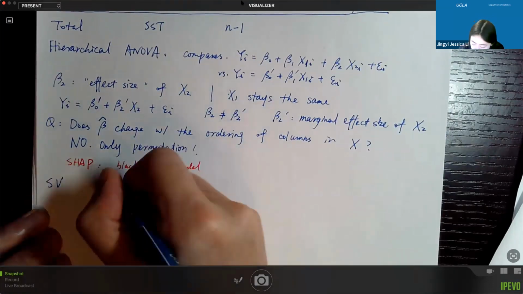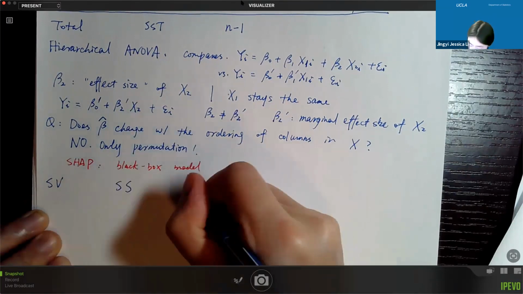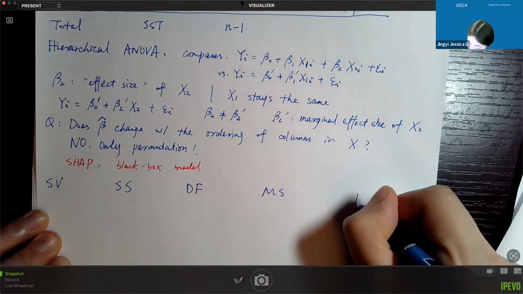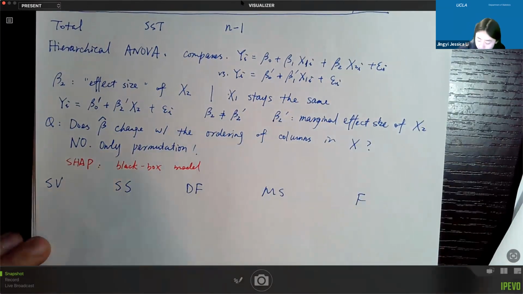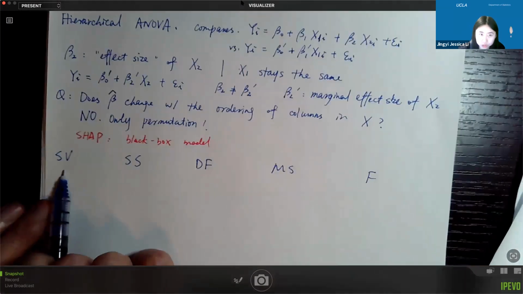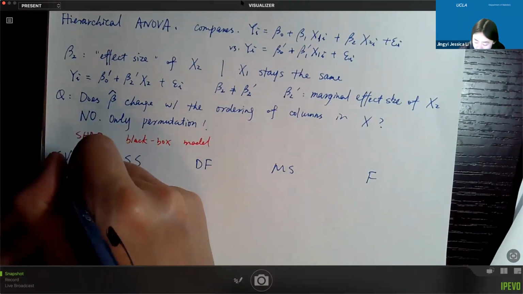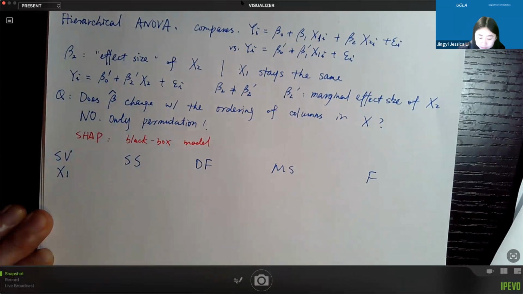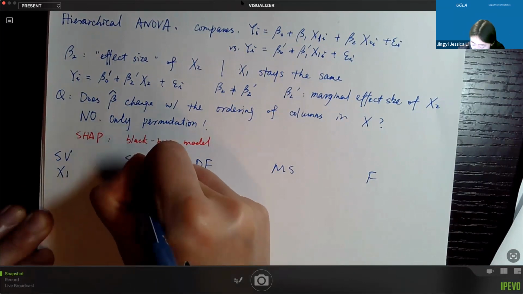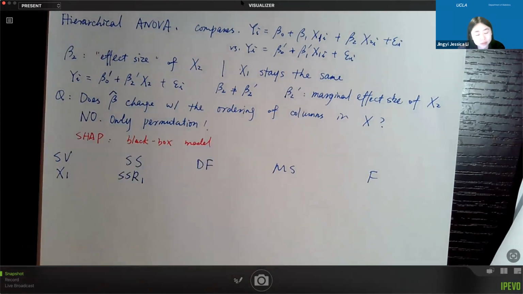Source of variation, SS, DF, MS, and F. In this hierarchical ANOVA, the first source of variation is the first predictor, x1. And we will have SSR1. How do we define it?